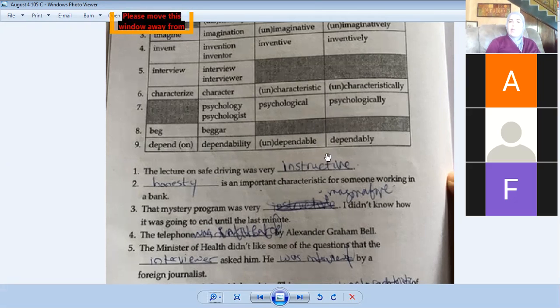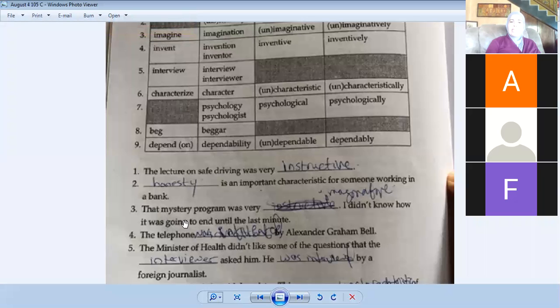The adverb, the way something is done, okay? In a dependable or non-dependable way. We say he did this or that, dependably. Usually children do things in this manner, okay? In a dependable manner or dependably, all right? Because as adults, we do things what? Independently, all right?